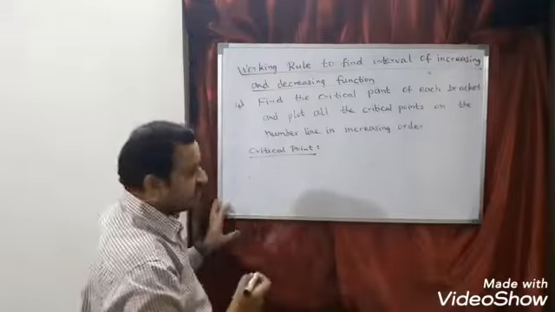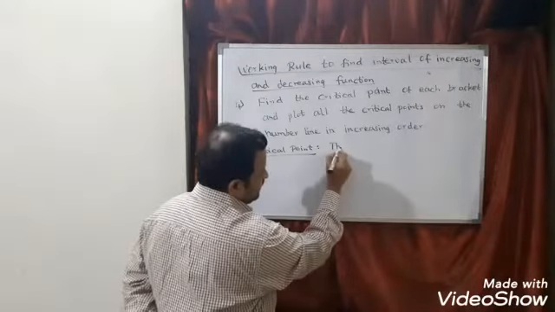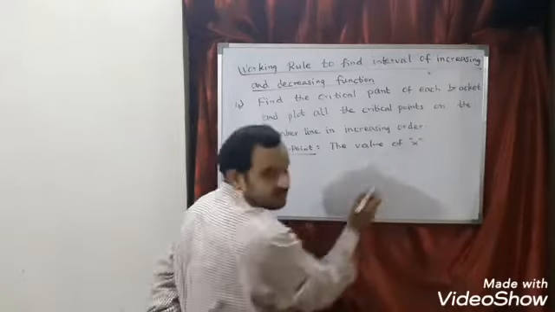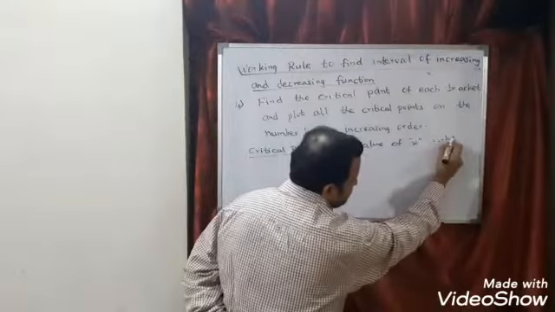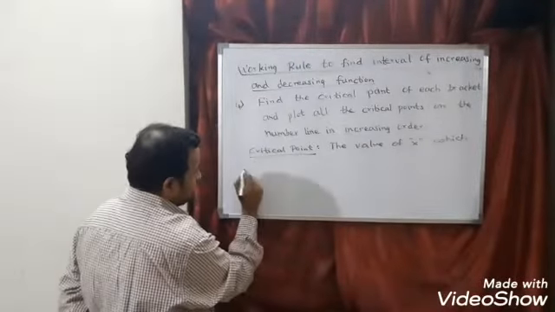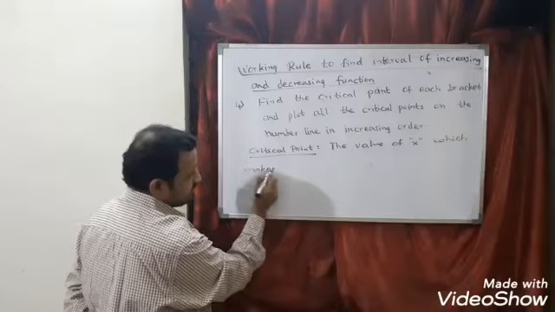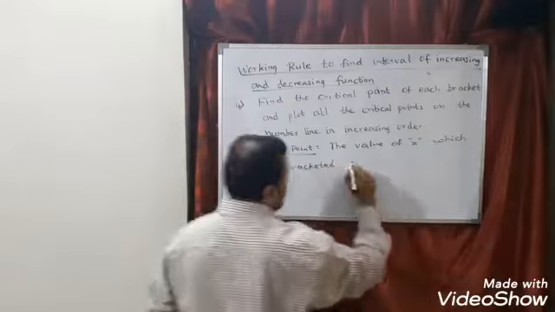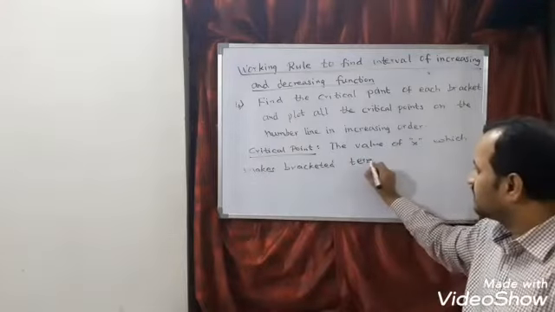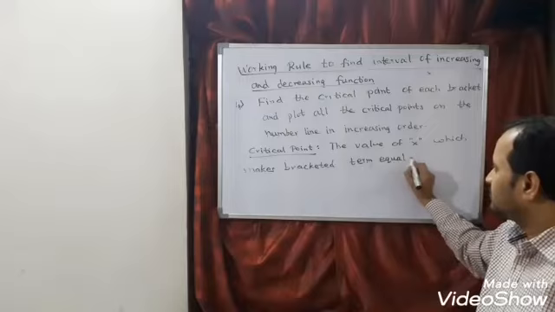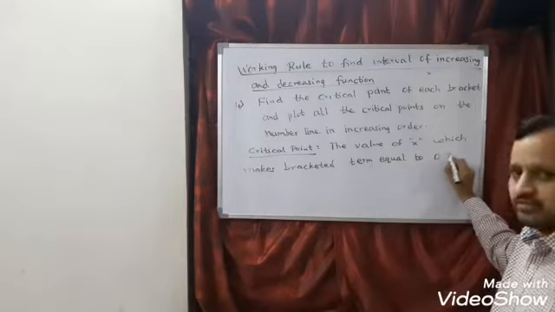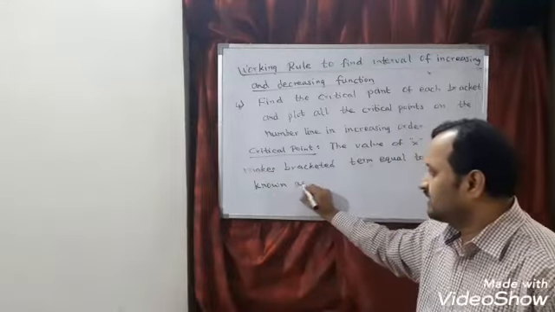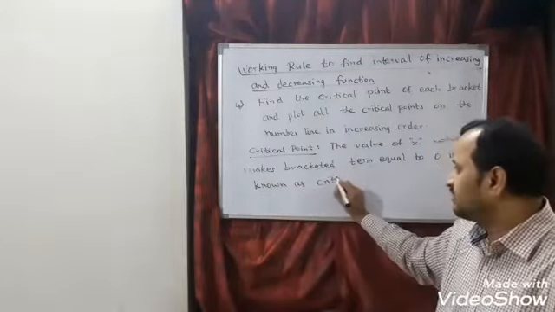The definition of critical point is the value of x which makes the bracketed term equal to 0, is known as critical point.